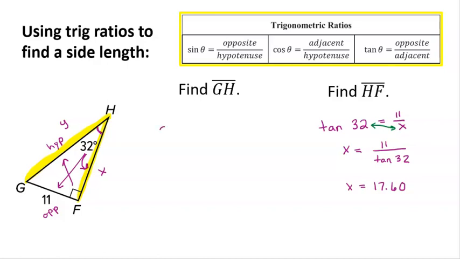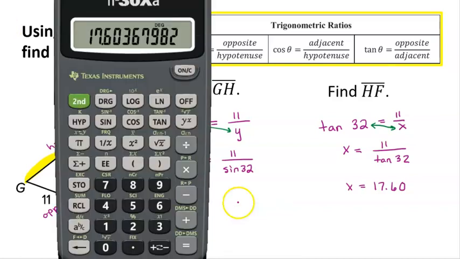So now I have the sine of 32 equals opposite over hypotenuse. And then remember, we can use our shortcut with this. If our variable is on the bottom, we can just switch those. And so we have y equals 11 divided by sine 32. And then from here, we can just put that into our calculator.